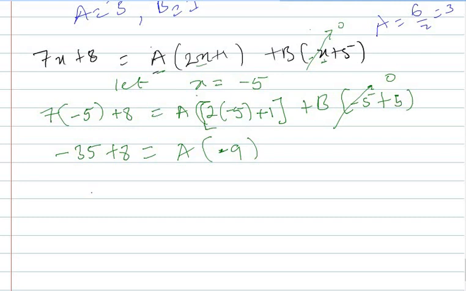Minus 35 plus 8 is minus 27. Minus 27 is equal to minus 9A. Dividing both sides by the coefficient of A, A is equal to minus 27 over minus 9. So A is equal to 3.